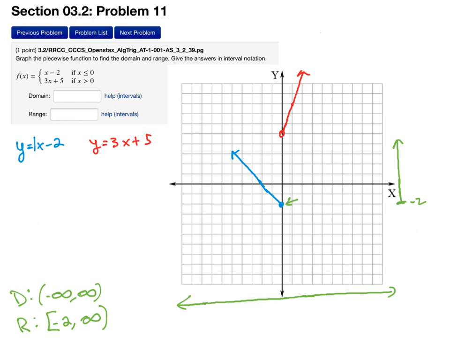So this is the final answer for this question, but let's suppose this blue line was not increasing up and to the left, but was going down and to the left like this. If our graph looked like this, the range would be a little bit different. The smallest y value you get is negative infinity, and we're going up to 2.